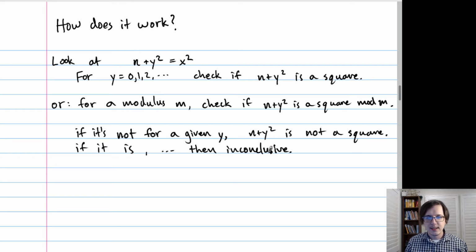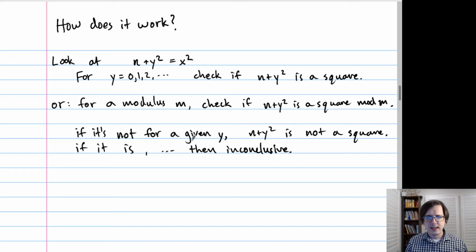Like if there isn't one, then what that means is that n plus y squared is just not a square at all, because every quadratic residue is the square of something, at least mod m. Yeah, so if there isn't one, then it's just not a square.